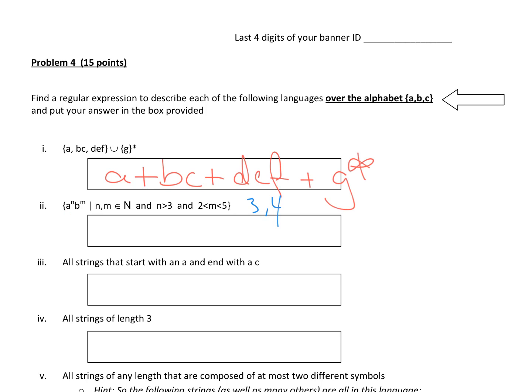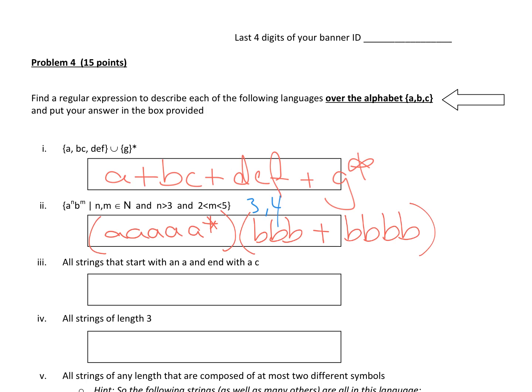So what do we need to do? We need to say, well, there has to be at least 4 A's, right? So 1, 2, 3, 4, and then 0 or more after that. And we're going to concatenate that with a string of either 3 B's or a string of 4 B's. So we could say that times BBB plus BBBB, and that would work.